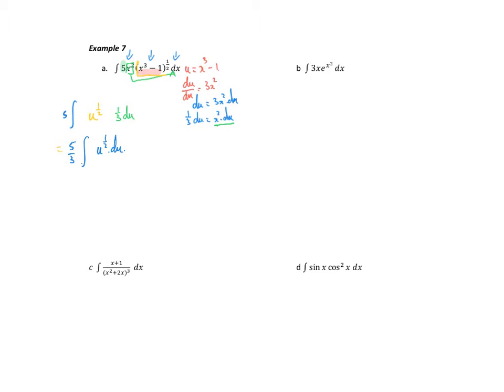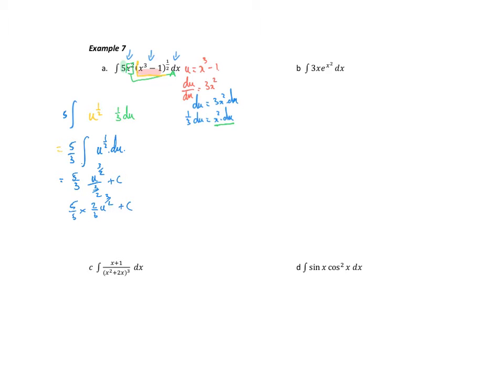If you have the derivative of the thing that you substitute in for present, well then it makes it a very nice process to implement. So now if I anti-differentiate, I get 5/3, add 1 to the power, u to the 3/2 over 3/2. So that's 5/3 times, flip it upside down.